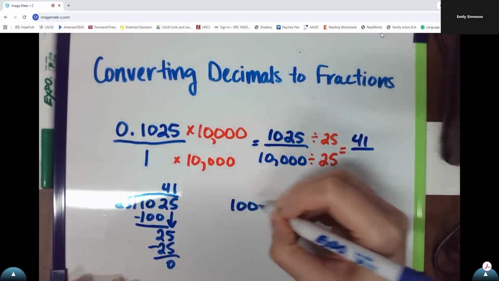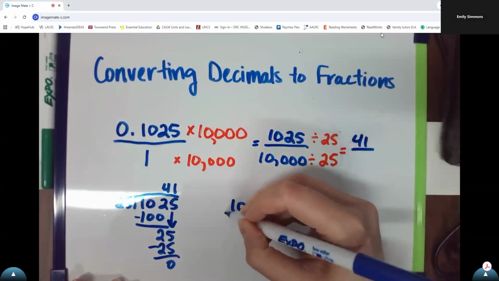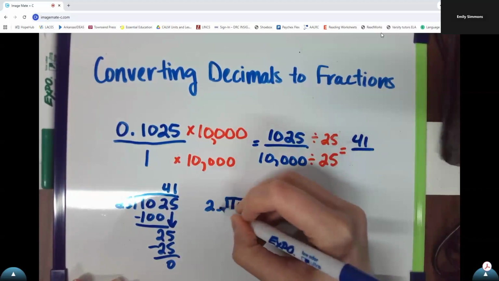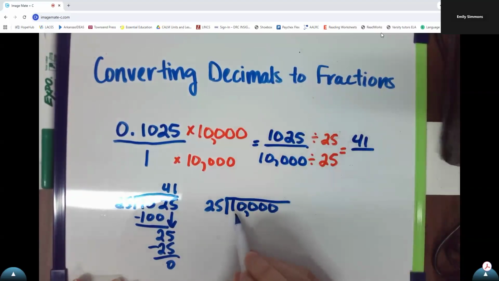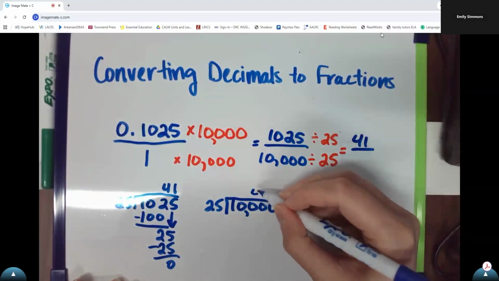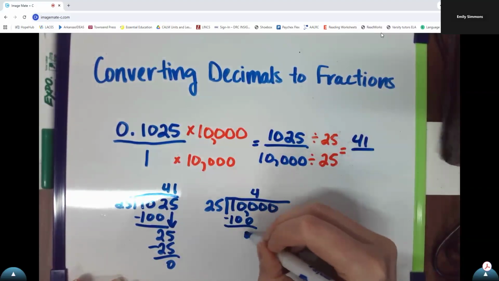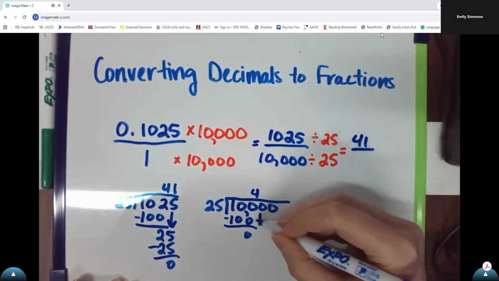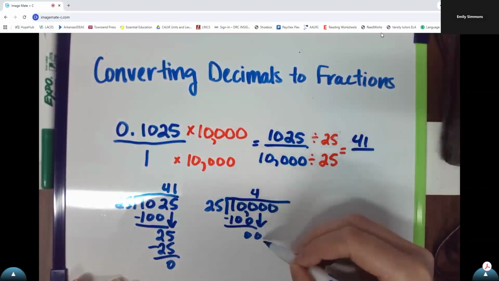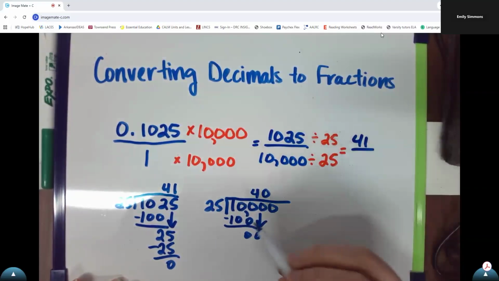And 10,000 divided by 25. 25 can't go into 1, it can't go into 10, but it can go into 100 4 times to get 100. We're left with 0. Bring down our 0. 25 can't go into 0, so I'll put a 0 there.